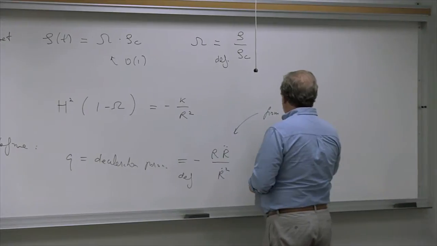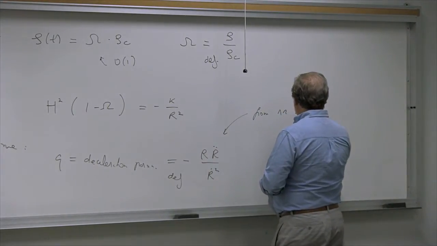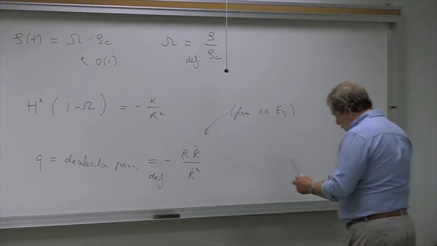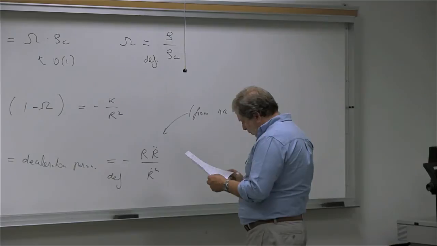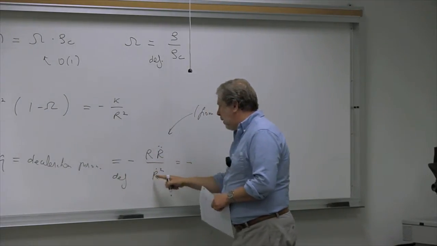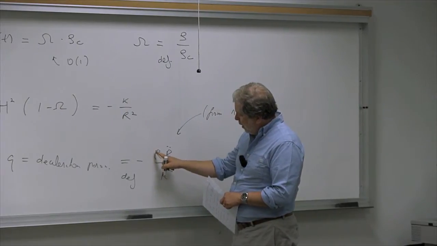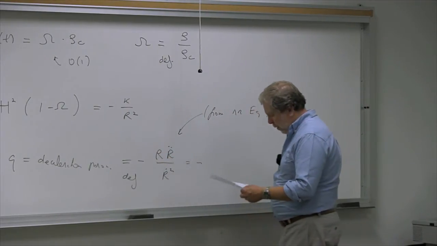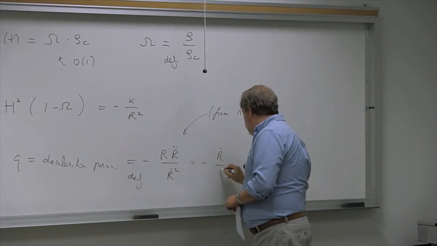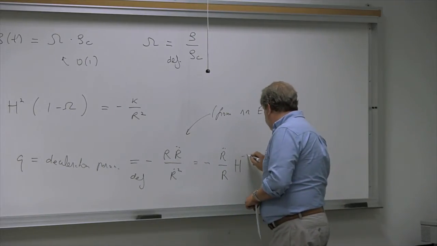So this was coming from the r double dot equation. And so we can rewrite this as, well, first of all, it's clear that we have the Hubble h appearing in this combination if we multiply and divide by r squared. So this is equal to minus r double dot over r times h to the minus 2.